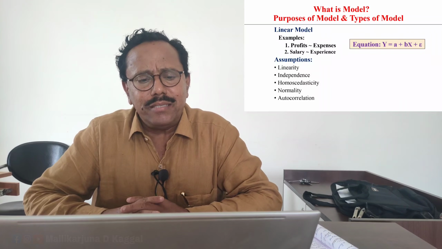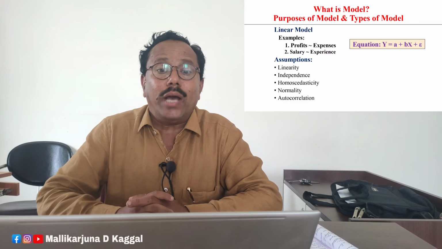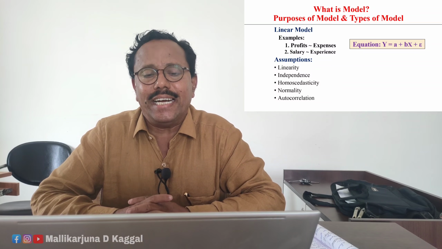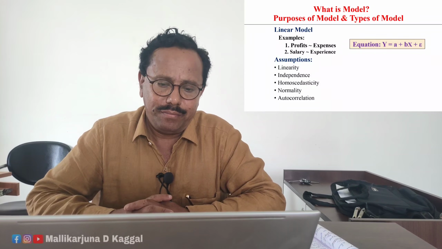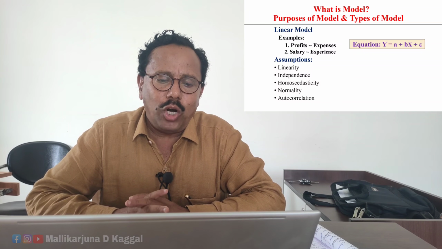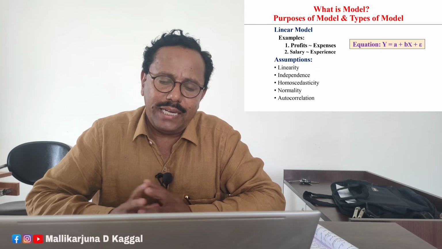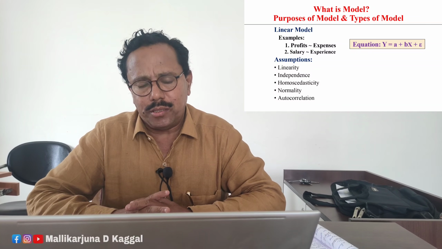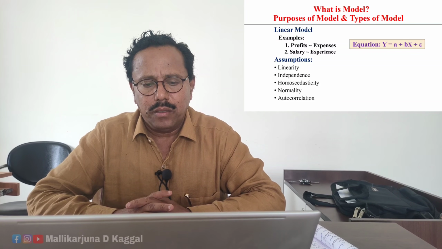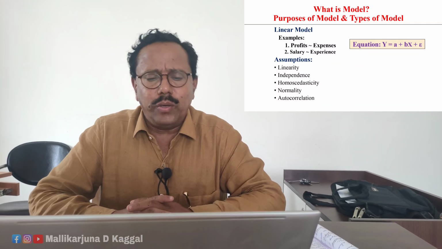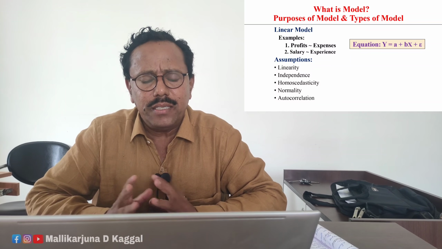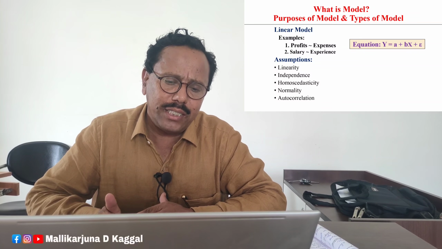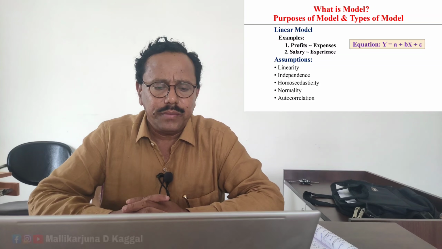But in order to adopt this linear model, there are some assumptions we need to make. First assumption is linearity. It means that our model, when it is presented on a graph, either through a scatter plot or through residual plots, partial residual plots, or through mathematical calculation, can be tested either by visualization or by mathematical equation.